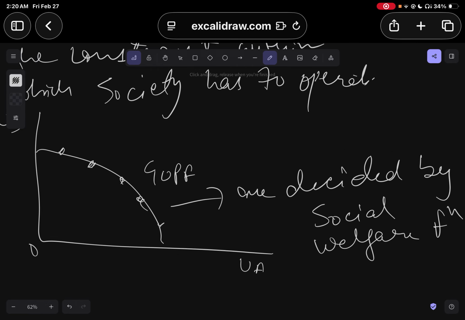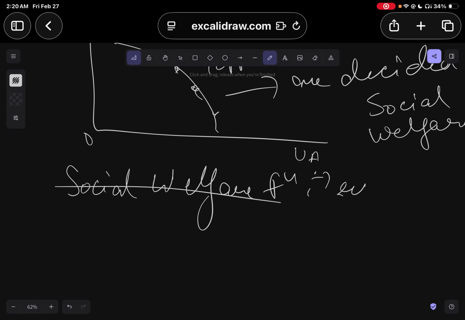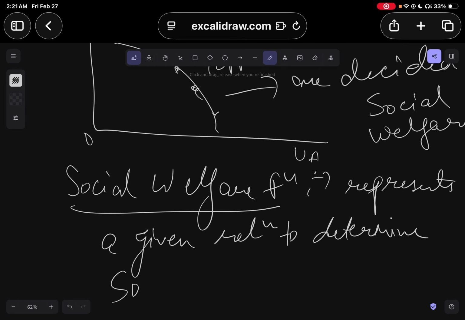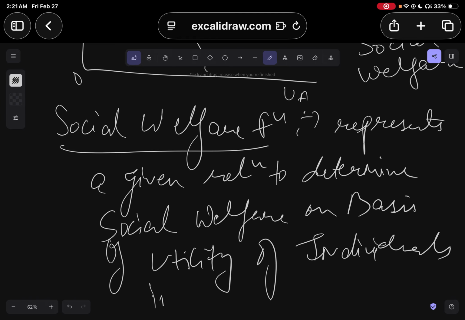But what is a social welfare function? It represents a given relation to determine social welfare on the basis of utility of individuals in the economy.